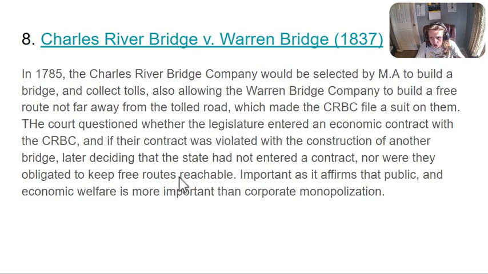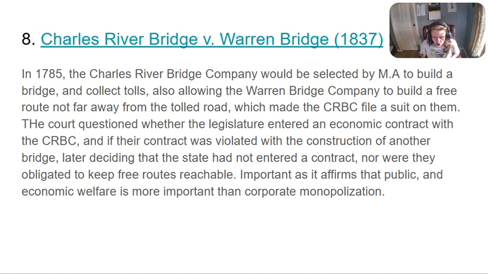In Era 3, we go to the Taney Court. Court case number 8 is Charles River Bridge versus the Warren Bridge in 1837. In 1785, the Charles River Bridge Company would be selected by Massachusetts to build a bridge and collect tolls, also allowing the Warren Bridge Company to build a free route not far away from the tolled road, which made the CRBC file a suit on them.